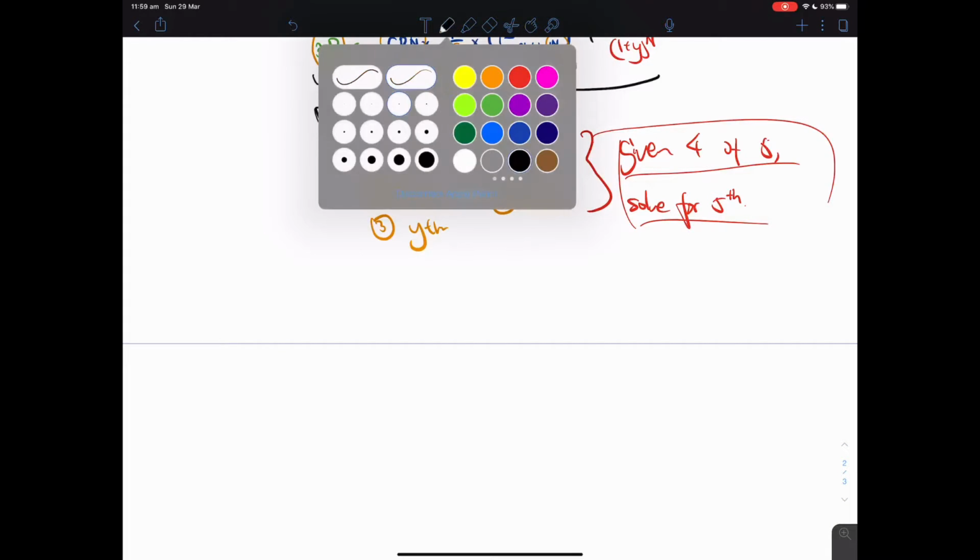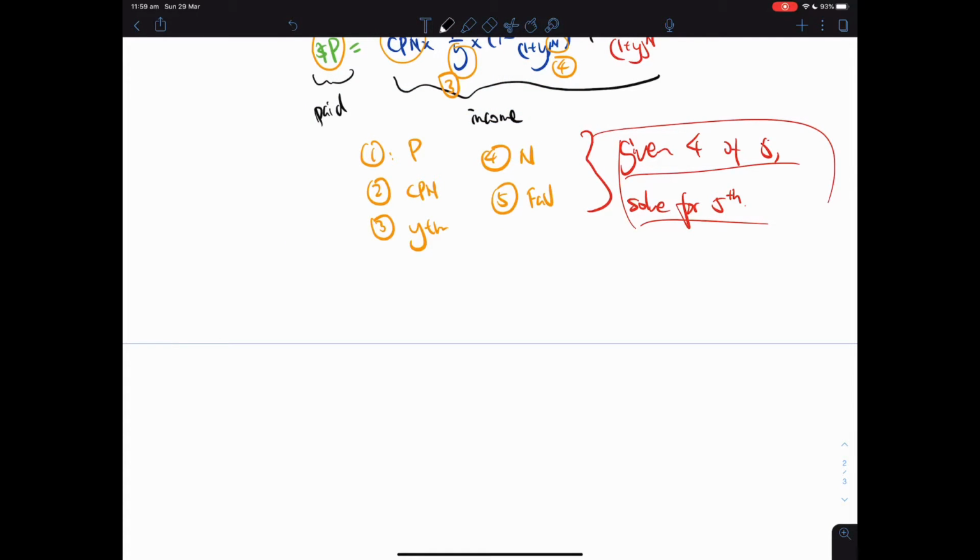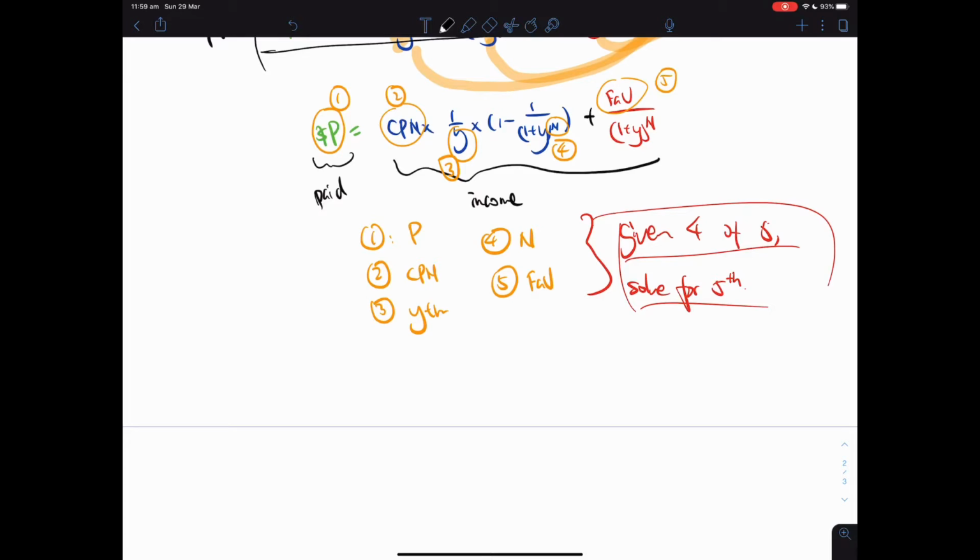So in that example, we have face value is 1,000. 7 years until maturity, but it is a semi-annual bond. That means N equals 7 times 2 equals 14. Do we know the price? We know the price.